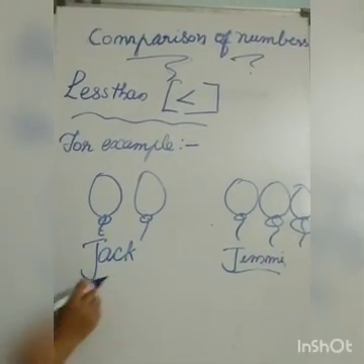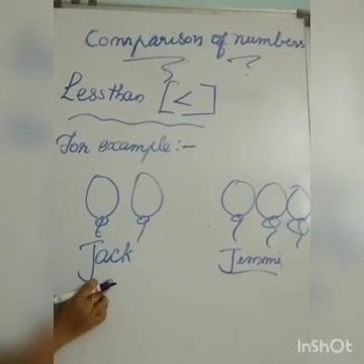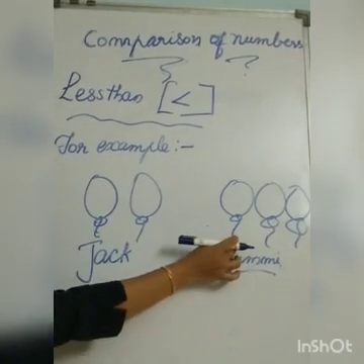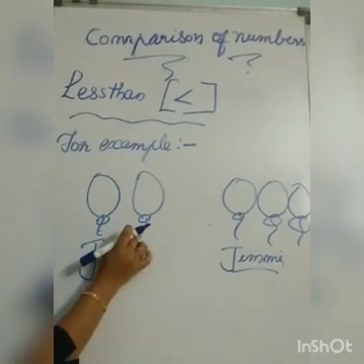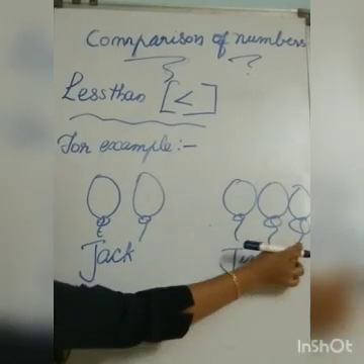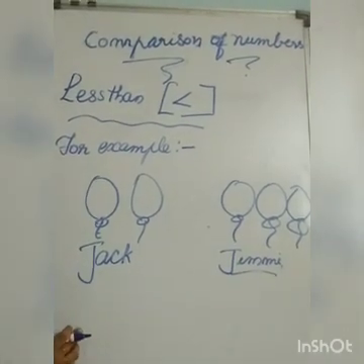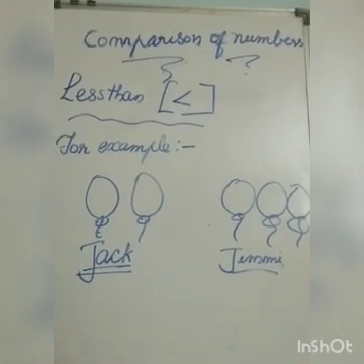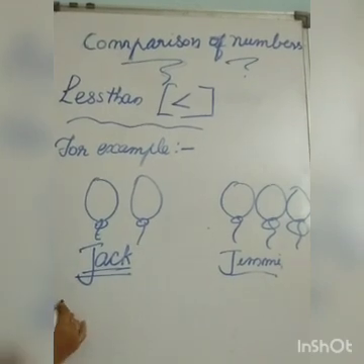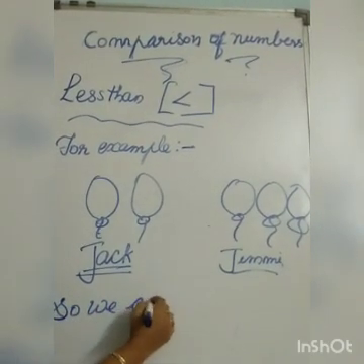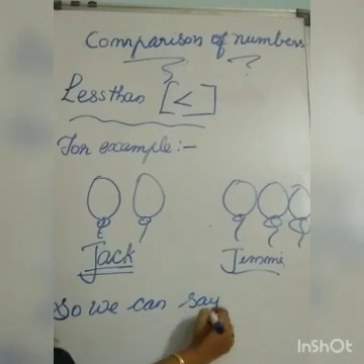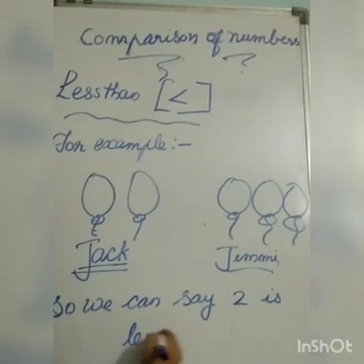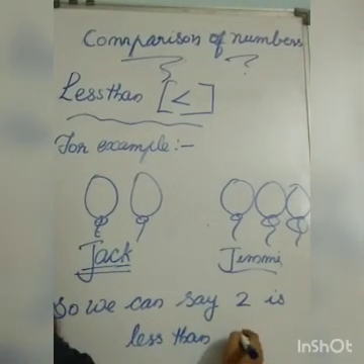Who has less number of balloons? Children, say who has less number of balloons? Jack has 2 balloons. Jimmy has 3 balloons. Who has less number of balloons? Yes, Jack has less number of balloons. So, we can say 2 is less than 3.